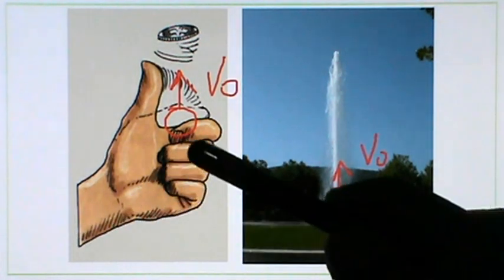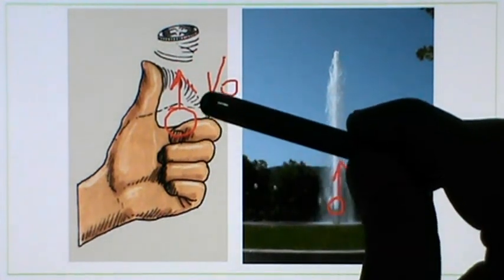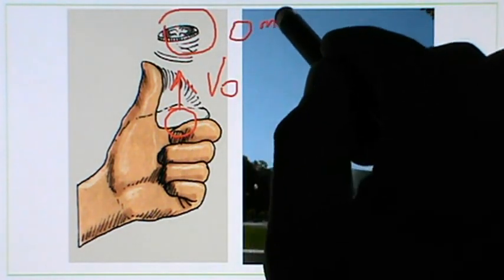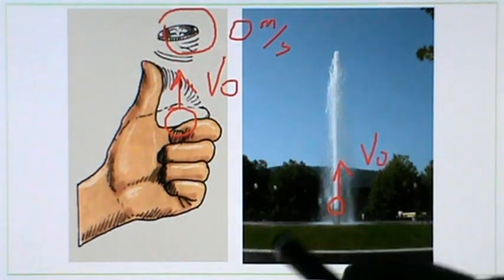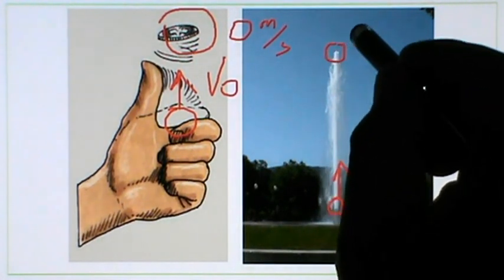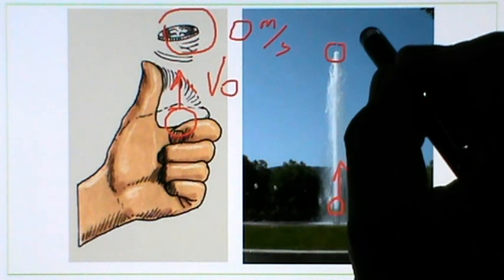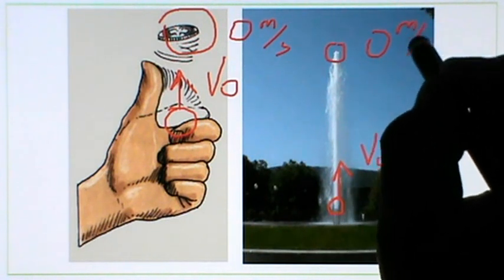And the speed for the upward motion finally will be 0 at the highest point. So also for the water, at the maximum point the speed will be 0 meters per second.